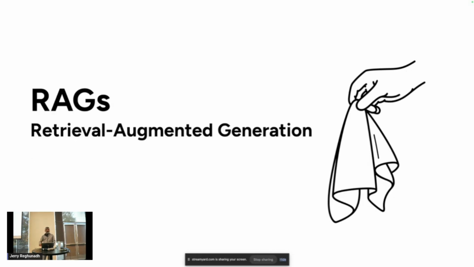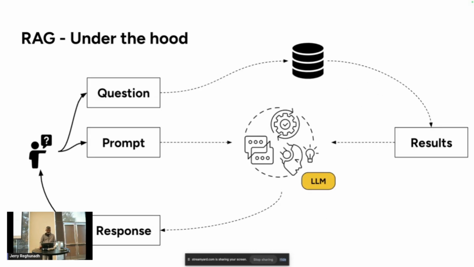let's get back to what retrieval augmented generation, or RAGs, is. It's quite a mouthful, RAGs, okay? So under the hood, this is how a RAG works. You have a question, you look up the data or do a semantic search from your vector database. You get a set of results as the response, and that's the context.